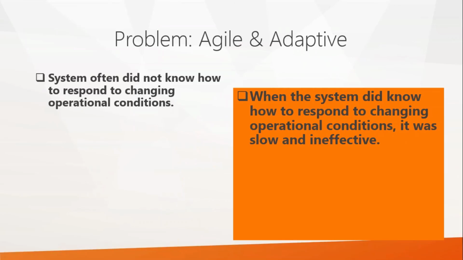Okay, so the problem: agile and adaptive was the problem. Systems often did not know how to respond to changing operational conditions, and when the system did know how to respond to changing operational conditions, it was often slow and ineffective.